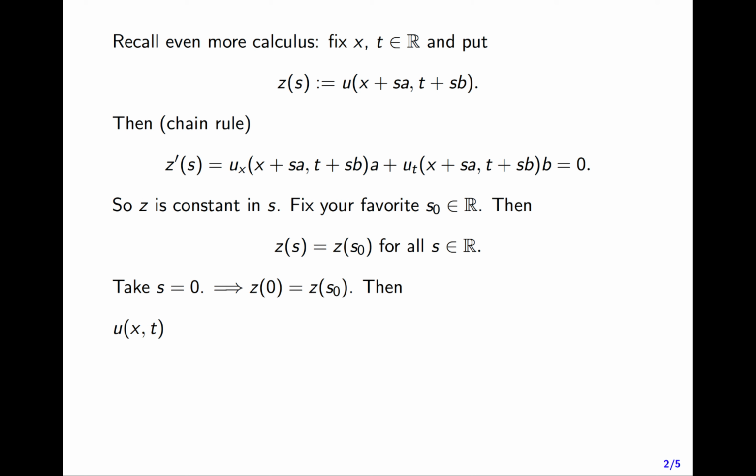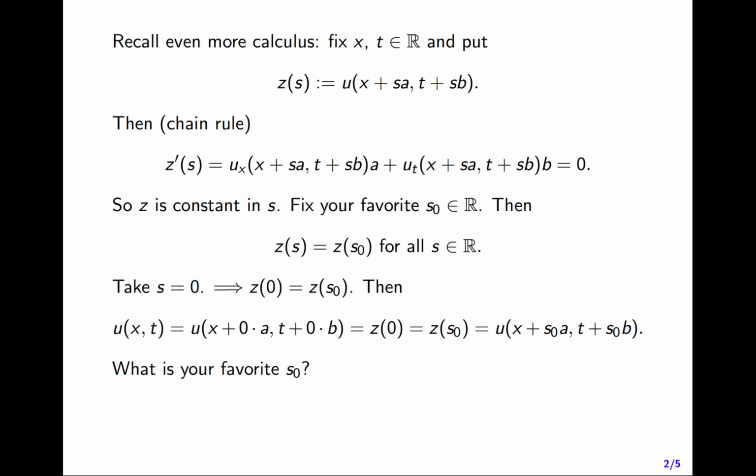But let's remember how we define z. We have u of xt is equal to u of x plus 0 times a, t plus 0 times b. That's equal to z of 0. That's equal to z of s0. That's equal to u of x plus s0a and t plus s0b.